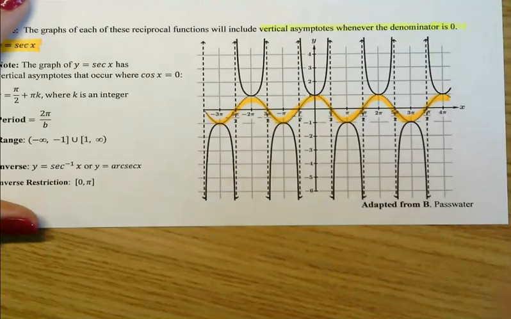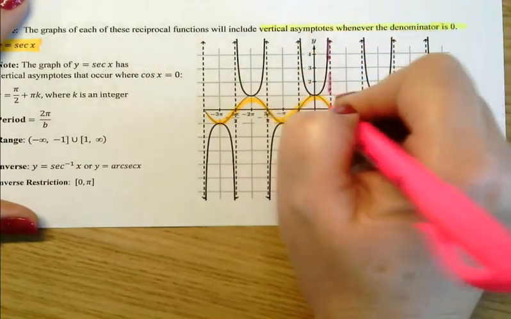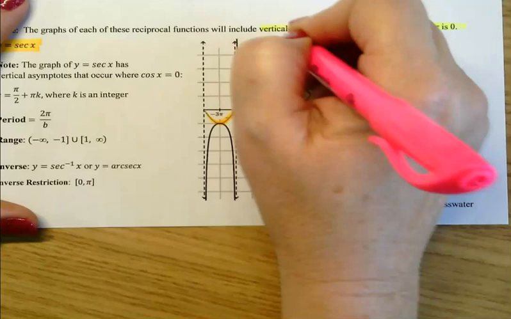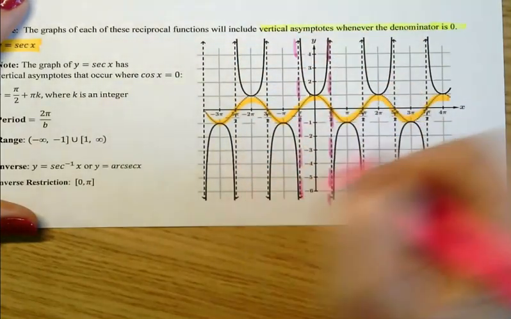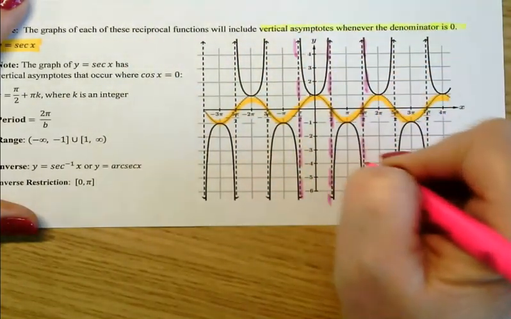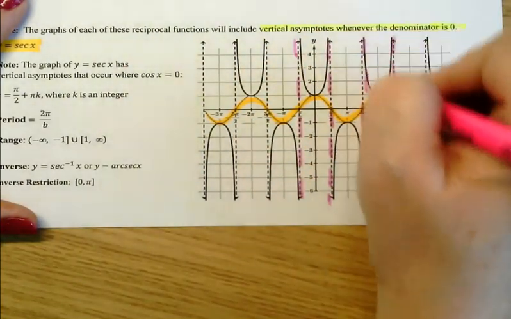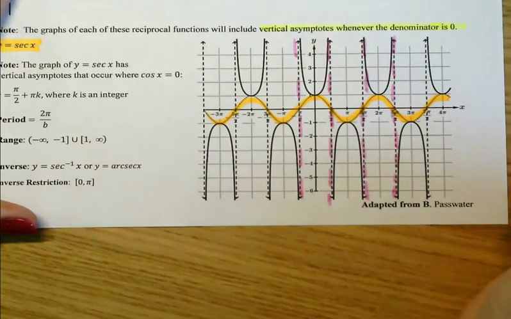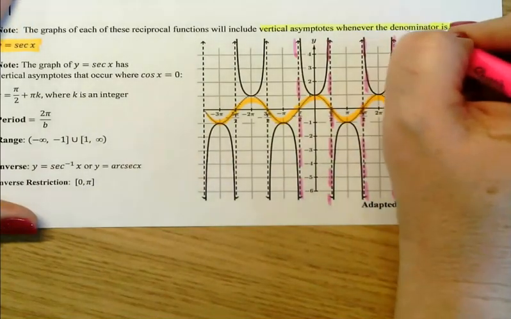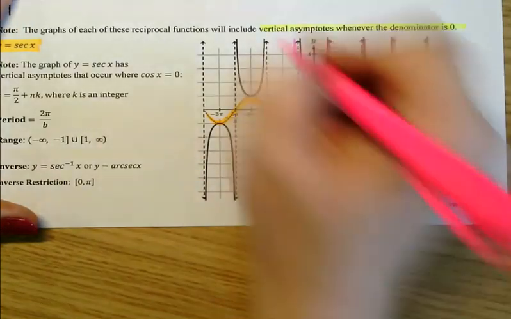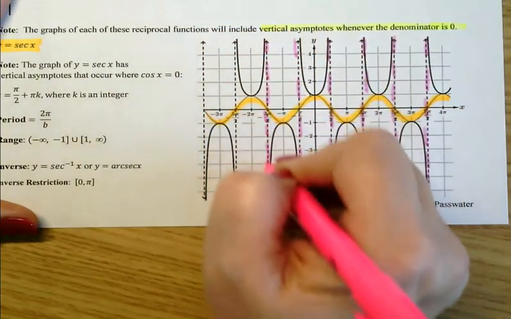And secant is undefined where you see these vertical asymptotes. And those vertical asymptotes are happening repeatedly in the graph every time that our cosine value is 0. Okay, so there's your vertical asymptotes.